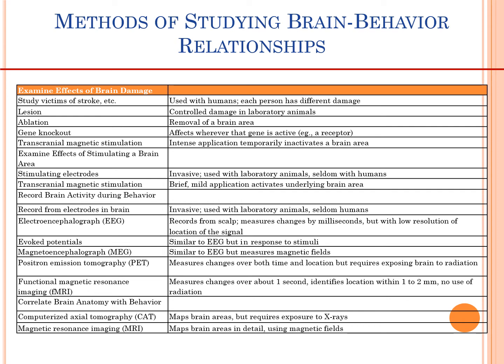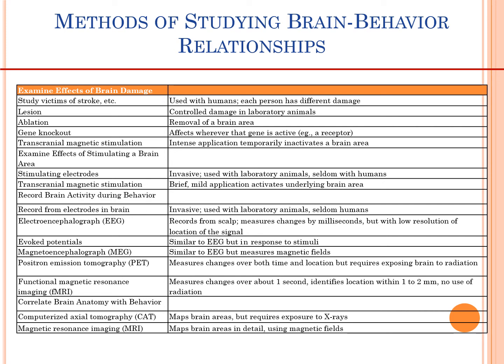She goes in a very similar order to what we did this semester, starting with brain damage, people who have strokes, then ablation and lesioning, taking animals and damaging some specific area. She has the gene knockout.